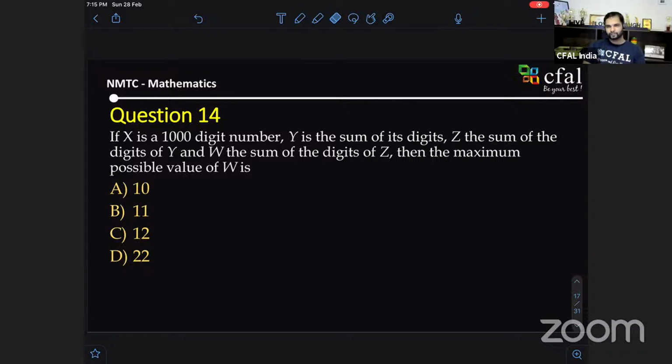Sir, I heard the first round is online or something. How is that going to be, sir? I didn't research much about NMTC. I don't know about this time. This time is different, right? If it's online, the pattern would be similar unless something else is mentioned. I'll figure it out, and probably in the next class I'll see.